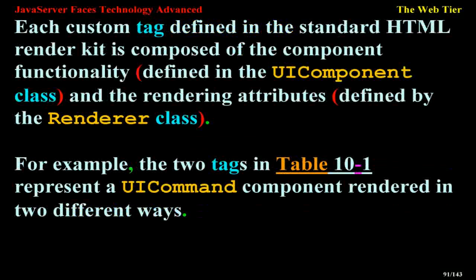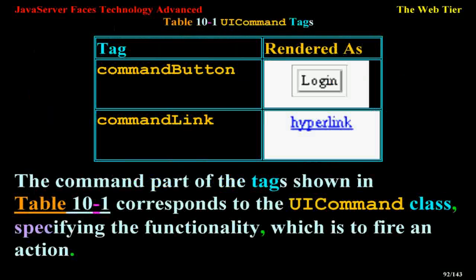Each custom tag defined in the standard HTML render kit is composed of the component functionality defined in the UIComponent class and the rendering attributes defined by the renderer class. For example, the 2 tags in Table 10-1 represent a UICommand component rendered in 2 different ways. Table 10-1 UICommand Tags: tag, rendered as command button; tag, rendered as command link. The command part of the tags shown in Table 10-1 corresponds to the UICommand class, specifying the functionality, which is to fire an action.